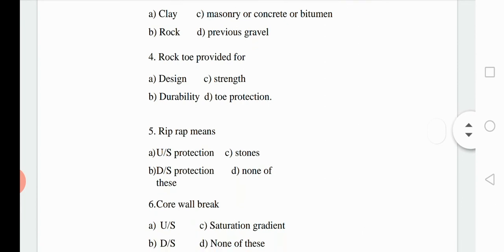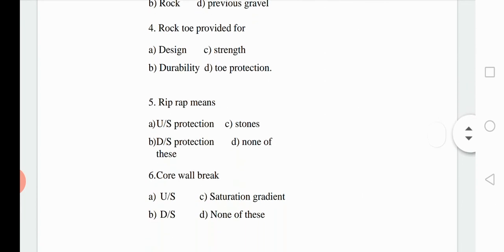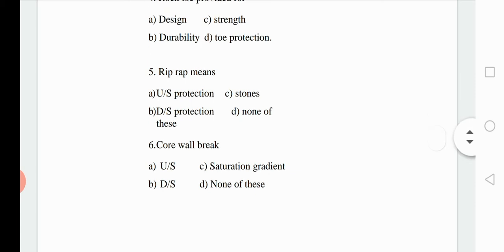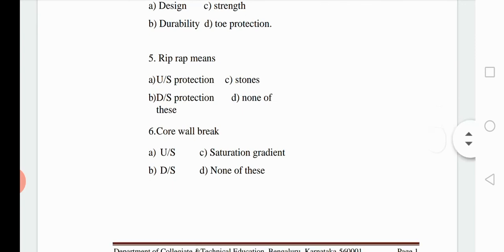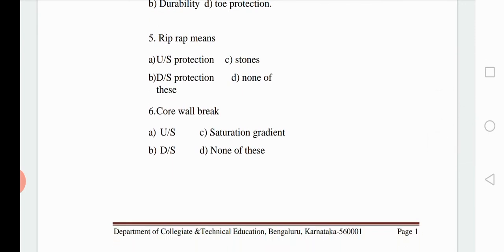The fourth question: rock toe is provided for, options are design, durability, strength, toe protection. The answer is toe protection. Riprap means, options are upstream protection, downstream protection, stones, none of these.